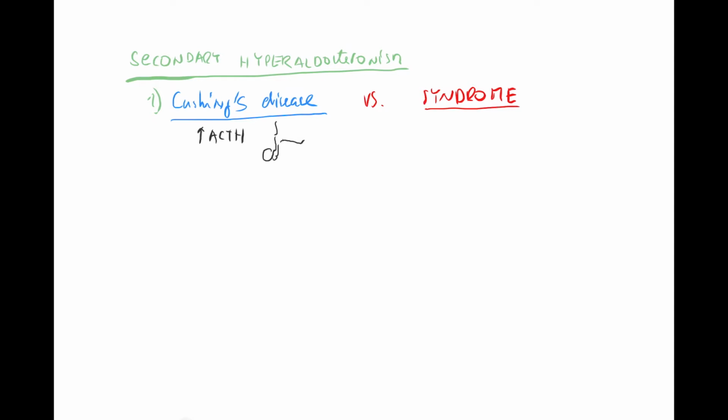Okay, it's the anterior part. This adenoma produces ACTH in high levels. It's a benign tumor, so it won't metastasize. But the production is autonomous, so you cannot control it.